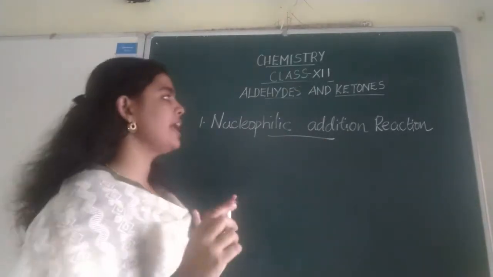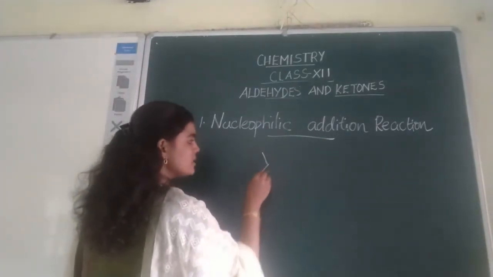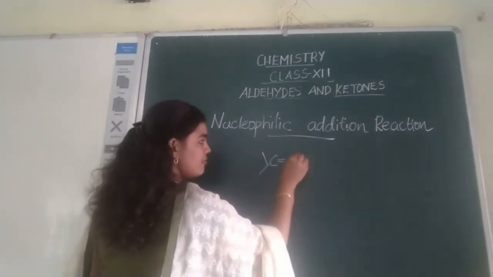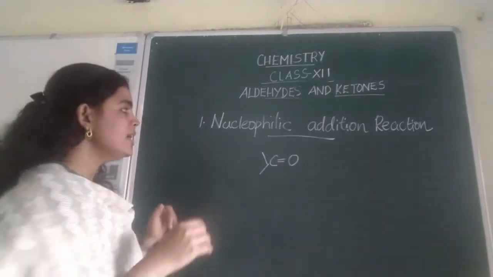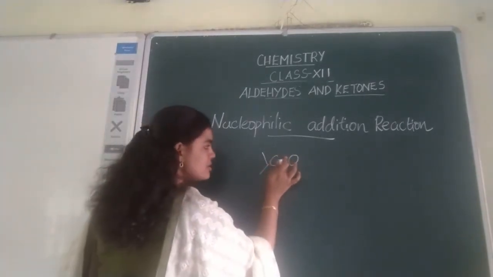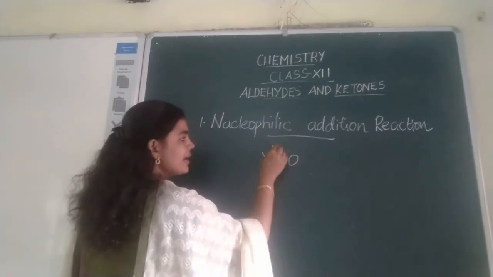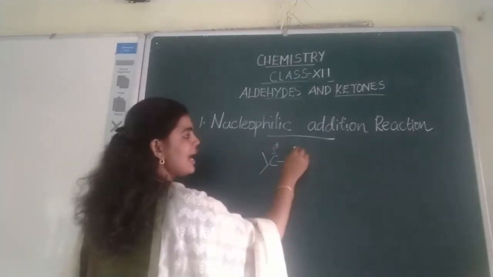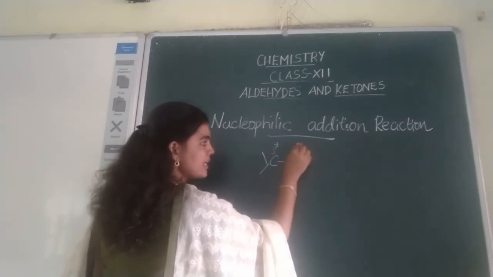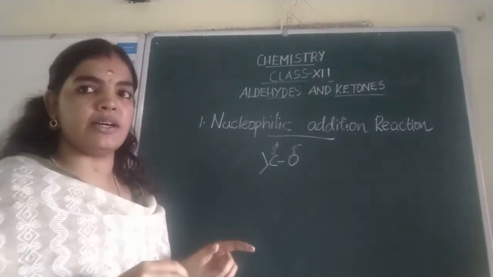So in the case of the carbonyl group, we know that this is the functional group present in aldehyde and ketone. Okay. So when one of the bonds breaks, what will happen? Carbon acquires a slightly positive charge and oxygen, being more electronegative than carbon, acquires a negative charge.